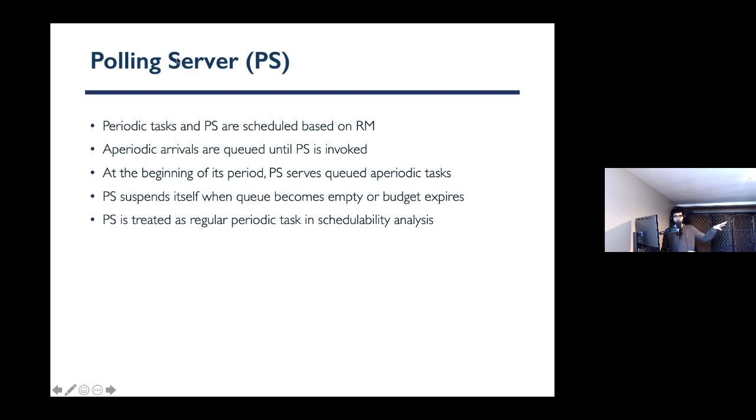We'll see another instance where we use EDF, but with polling server, we're going to use RM. Then the aperiodic tasks arrive and are queued by the PS, very similar to what we saw in the previous picture on the previous slide.